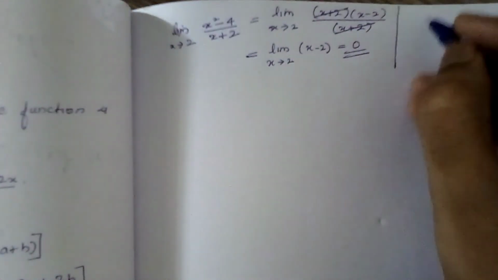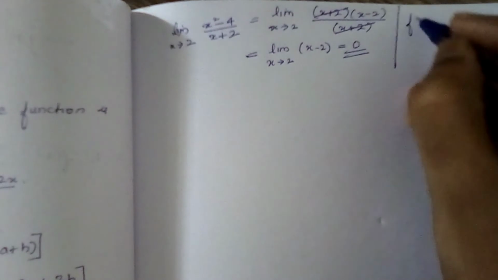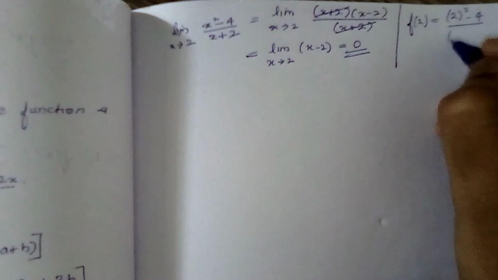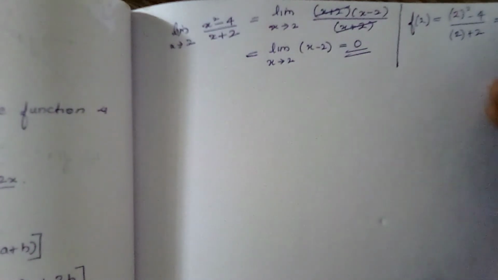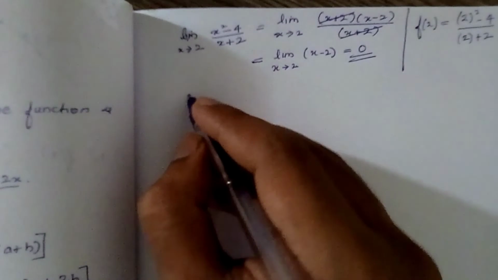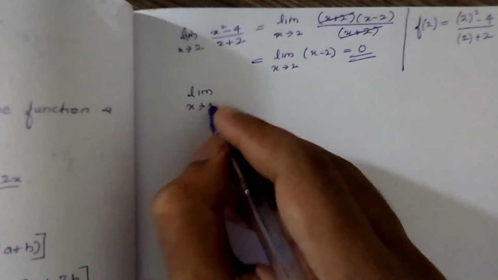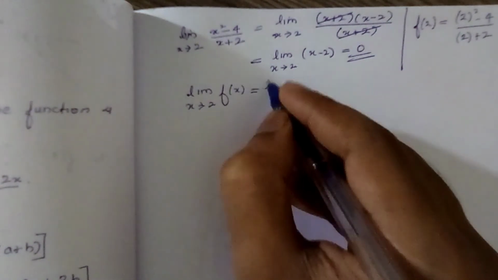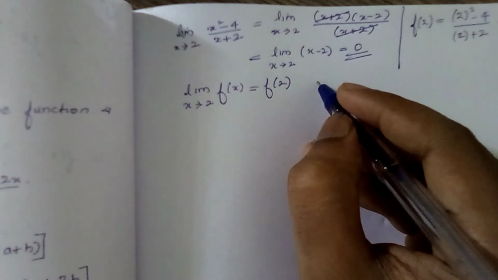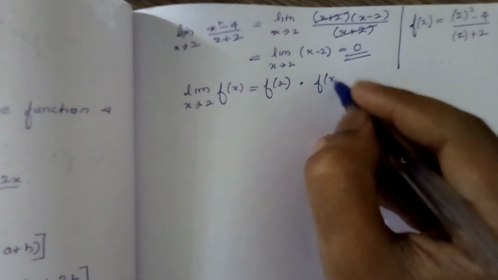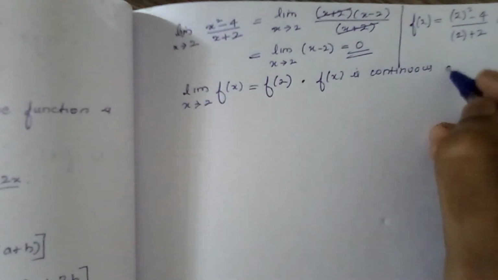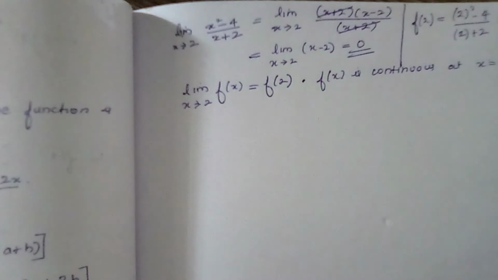Similarly, we can write f of 2 is equal to 2 squared minus 4 by 2 plus 2, which is equal to 0. From 1 and 2, we can say limit x tends to 2 of f of x is equal to f of 2. So we can say the f of x is continuous at x equals 2.